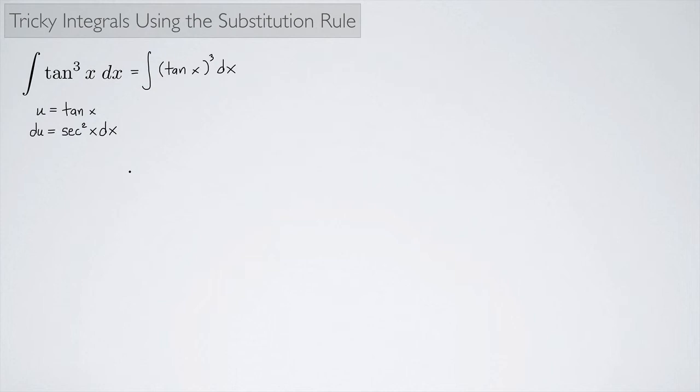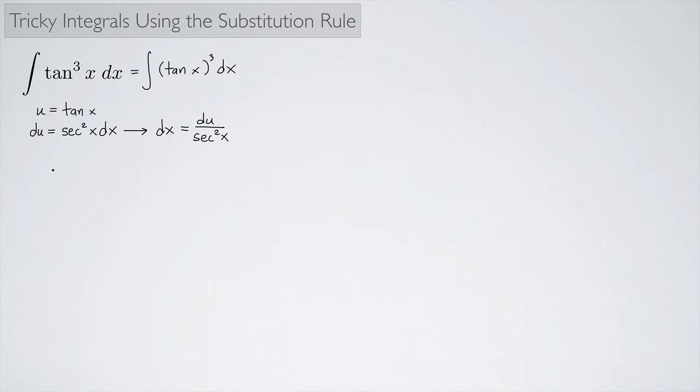Great. Well, let's see. Do I have a secant squared in here? I do not. So I have to figure out what to do here. If I wanted to rewrite this a little bit, the dx here is du over secant squared x. And what's secant squared?